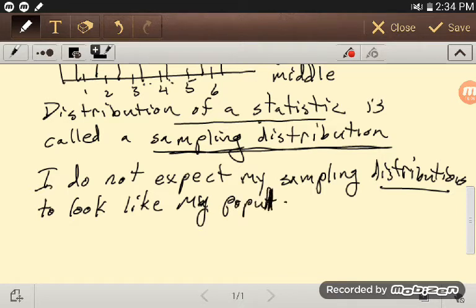Now, that's a general statement. Absolutely, I can start with the right kind of distribution and then make a sampling distribution that looks a whole lot like the original distribution itself. But in general, I don't expect that. I don't expect that my sampling distribution looks like my population.